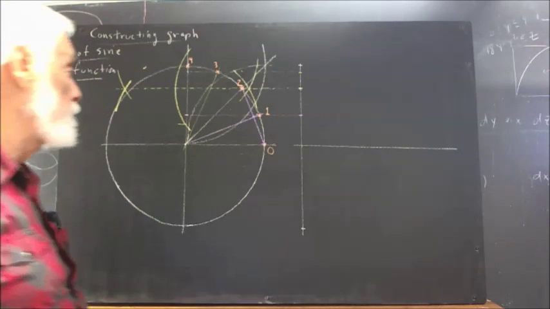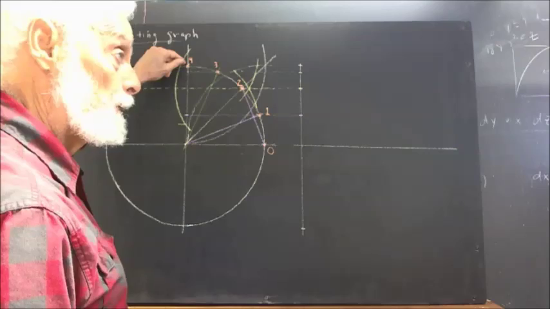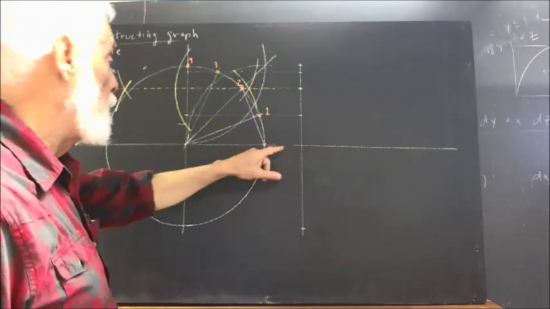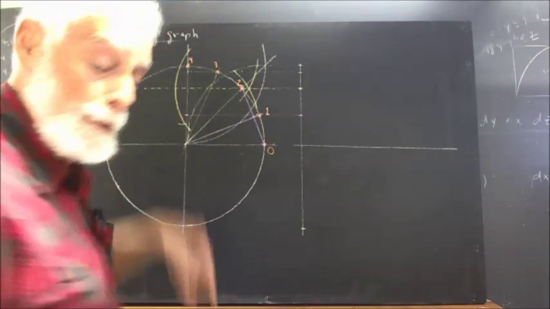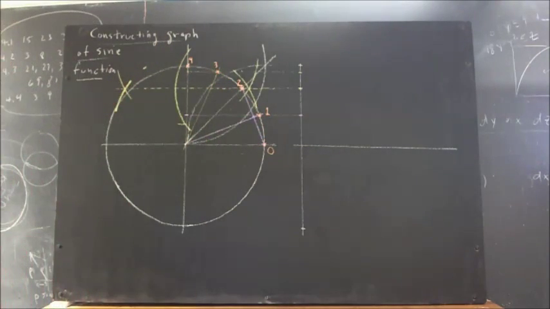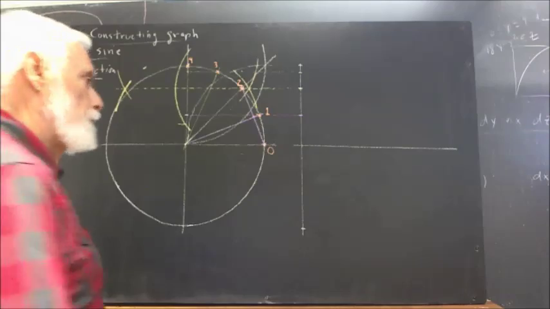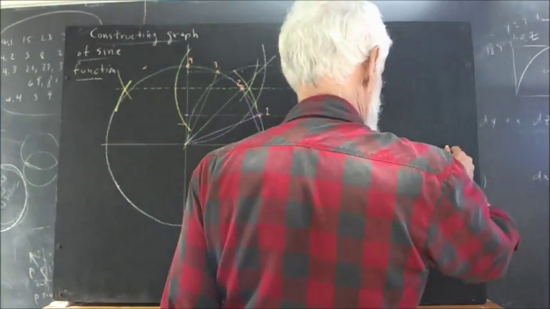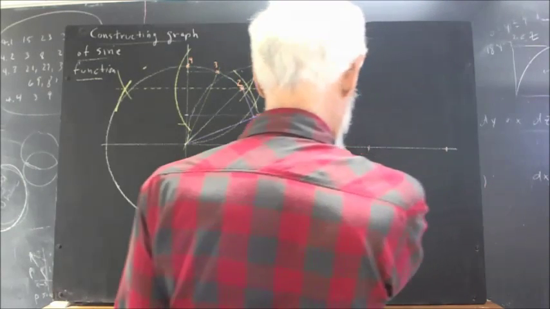Okay, now I have 1, 2, 3, 4 y values, 5 y values if I include 0 for this point. So I've got a y value for every numbered point. This is going to allow me to construct a graph of what we will be calling the sine function. Of course I'm not constructing this, so I'm not going to get it completely accurate.